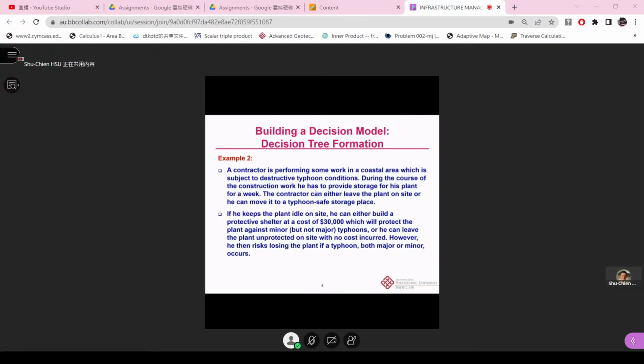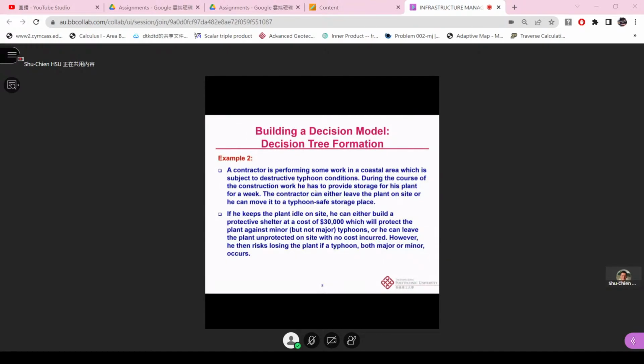If the contractor decides to build a shelter, it can protect the plant from a minor typhoon, but if he does not, the plant will be destroyed whether the typhoon is minor or major.